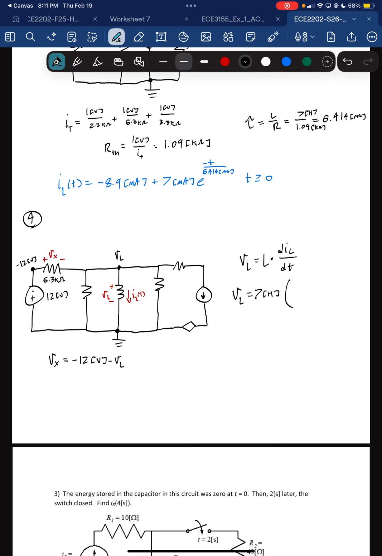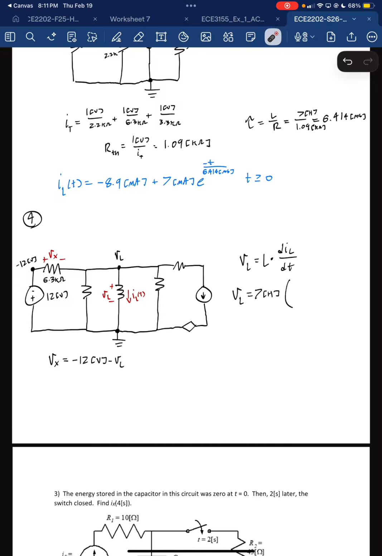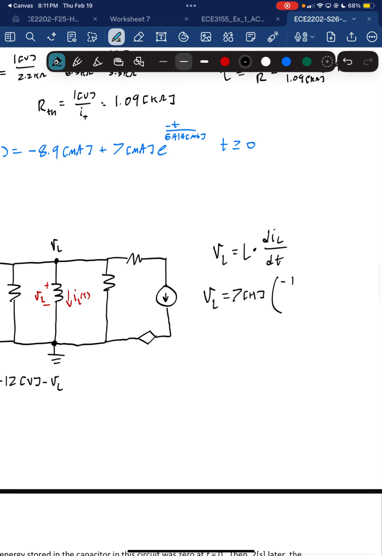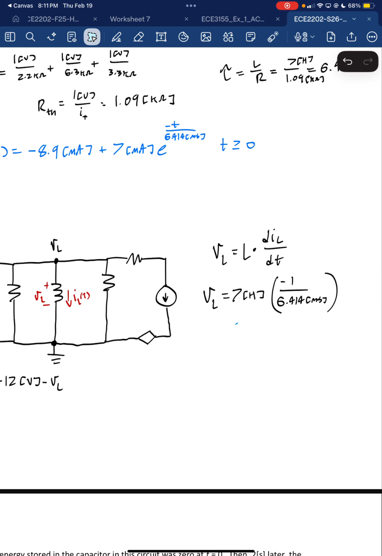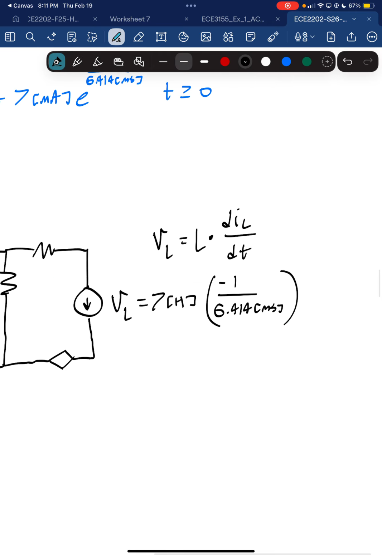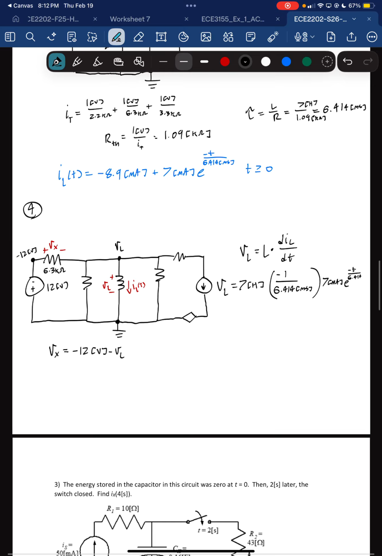So we take the derivative of the exponent in our exponential term. So it's just going to be negative 1 over 6.414 milliseconds. Careful, milliseconds. Now that's going to be all multiplied by 7 milliamps e to the negative t over 6.414 milliseconds.